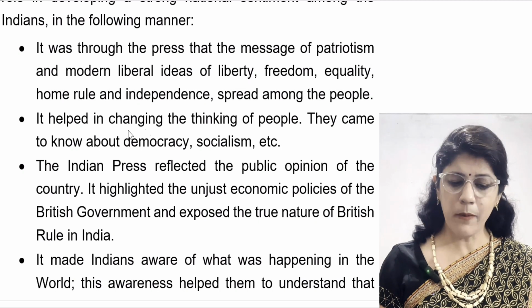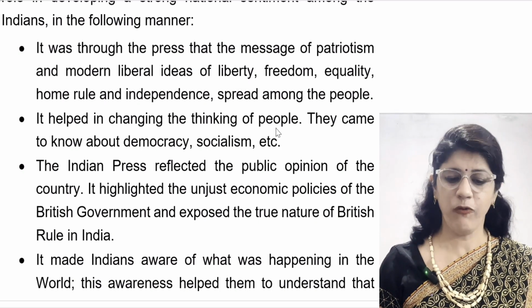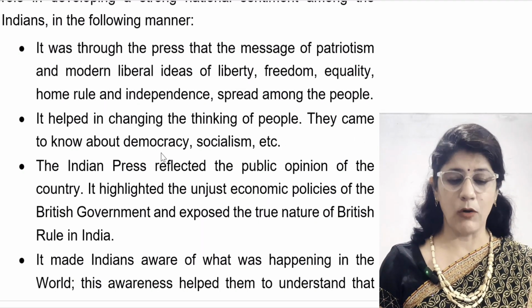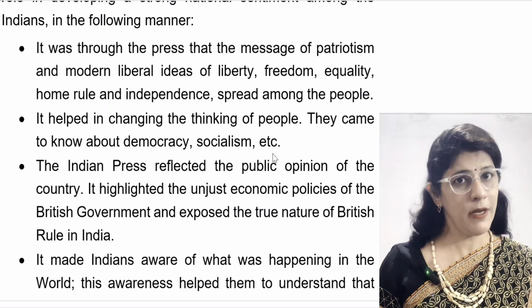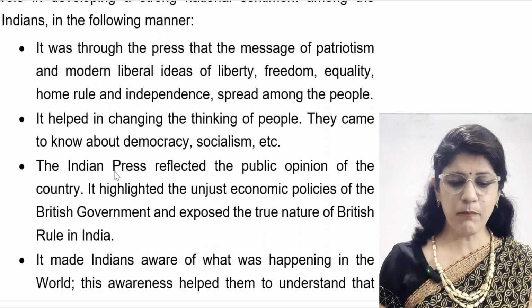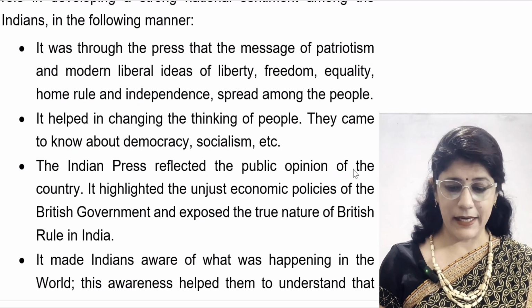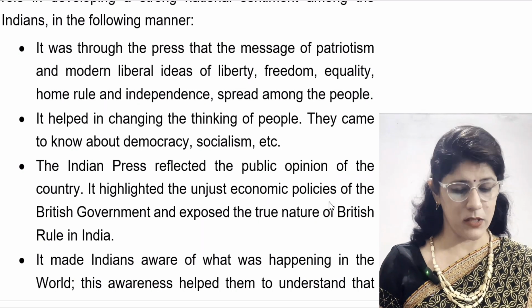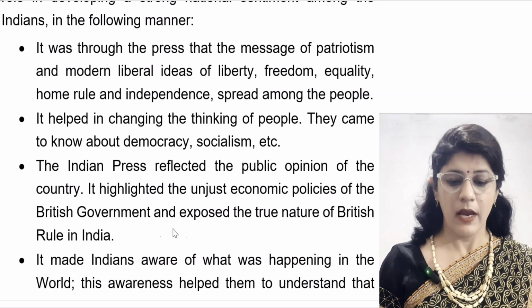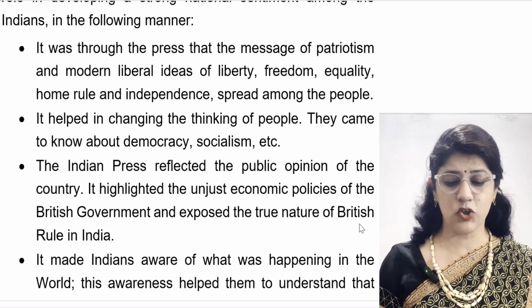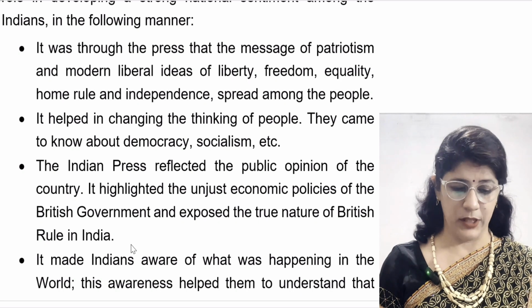Second, it helped in changing the thinking of people. They came to know about democracy, socialism, etc. The Indian press reflected the public opinion of the country. It highlighted the unjust economic policies of the British government and exposed the true nature of British rule in India.